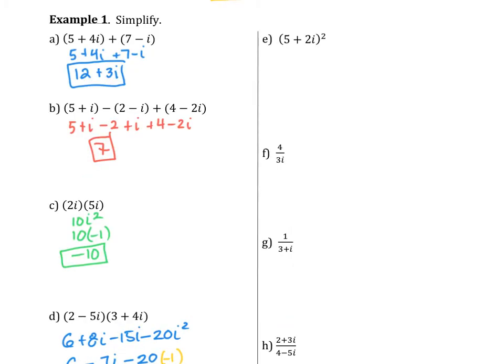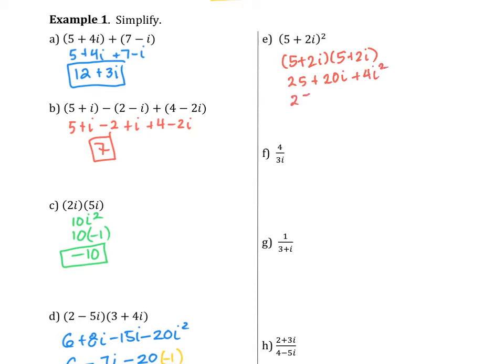Okay, moving on to E. E is 5 plus 2i to the second power. Just keep in mind this is actually 5 plus 2i times 5 plus 2i. You don't need to write them out two times, but you need to remember that so that when you multiply it, you're treating it like that. This will be 25 plus 10i plus 10i is 20i plus 4i to the second power.